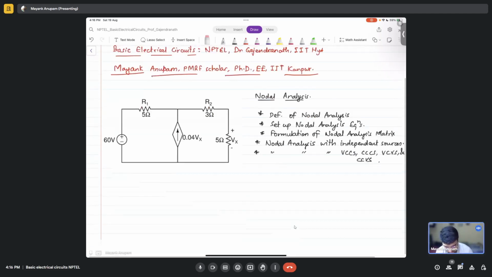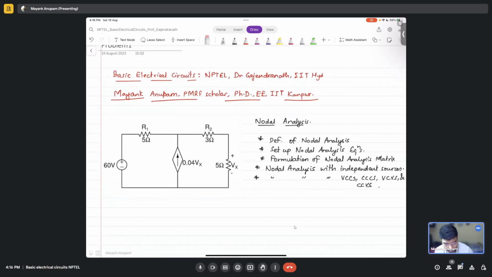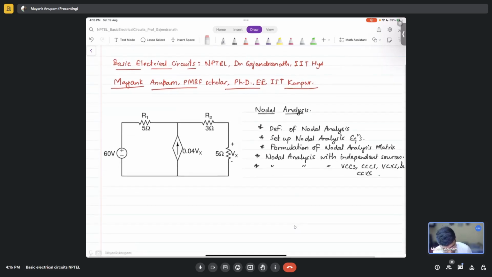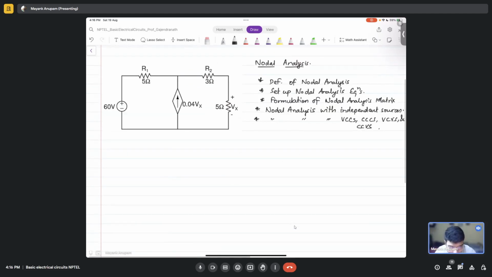Thank you. Okay, so let's start with this week's content. So let's first solve this question. This week I will be showing some simple networks and writing the nodal equations for them, and I'll expect all of you to help me write those nodal equations.